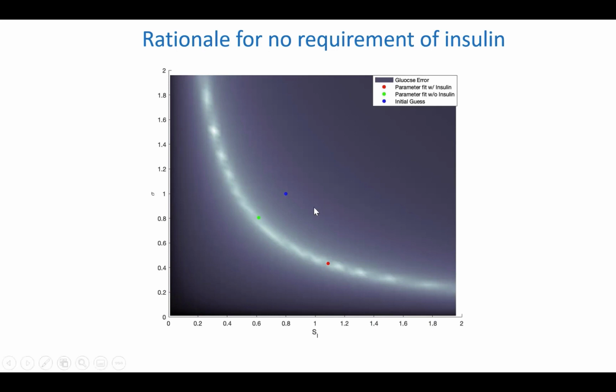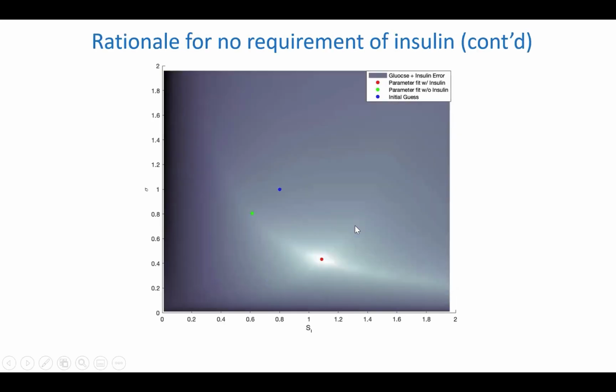Along this curve, the shortest distance is the green one. So without insulin, we estimate the green point. The red one is with insulin. If we use the insulin data, the fitting identifies the red one as the right one.